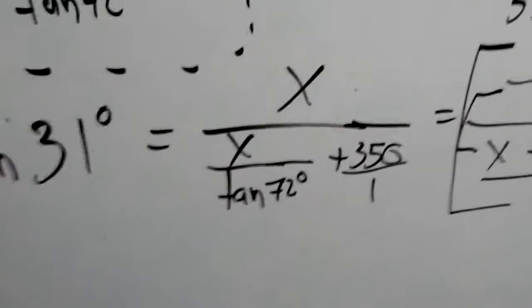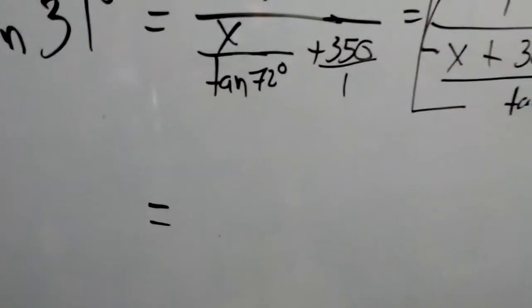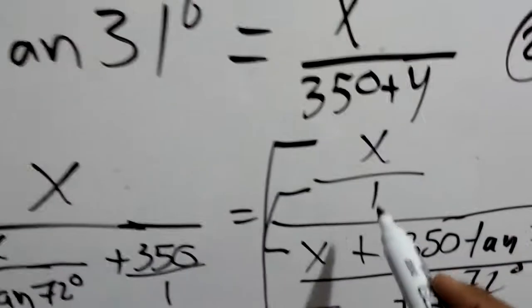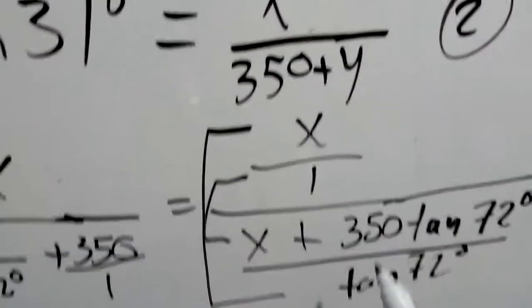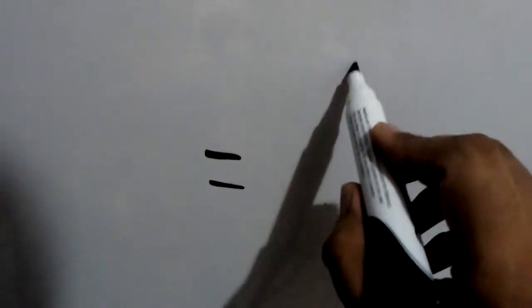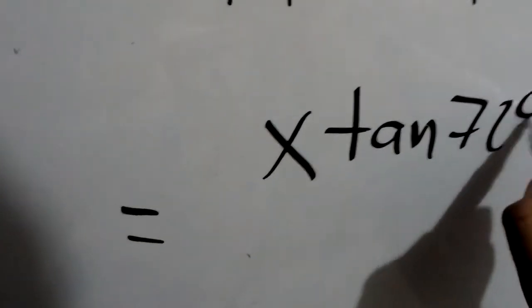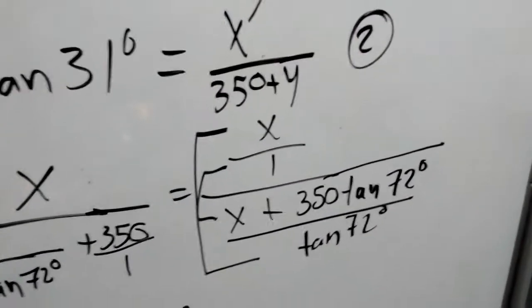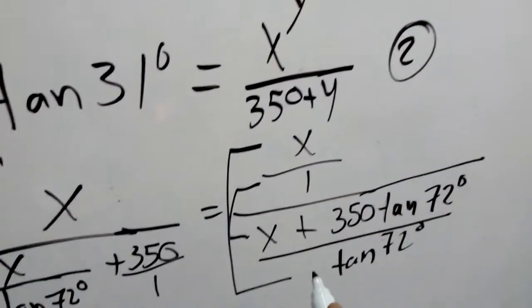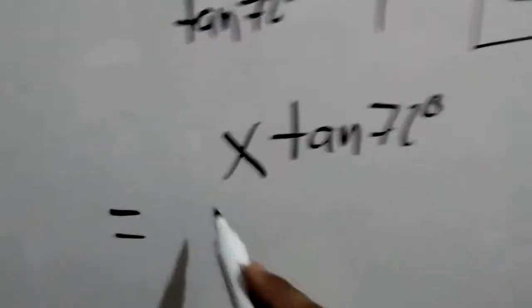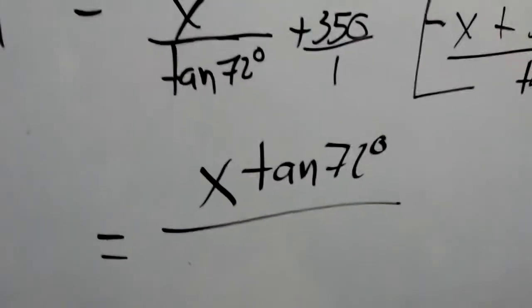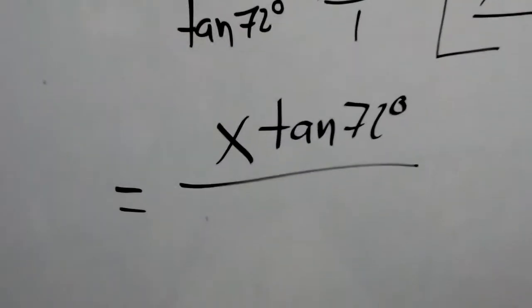Now you can write it like this, a little bit lower here: 1 by this is the same, and x by this is above, so it's x tangent of 72 degrees, as you can see by that multiplication. And now this by this is just the same, because any quantity multiplied by 1 is the same.